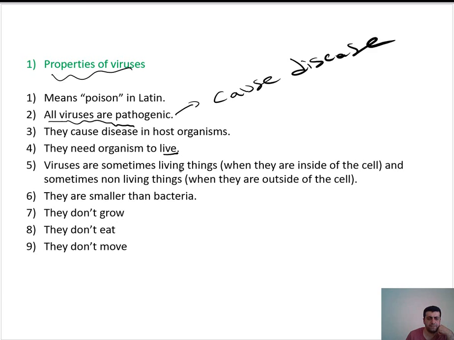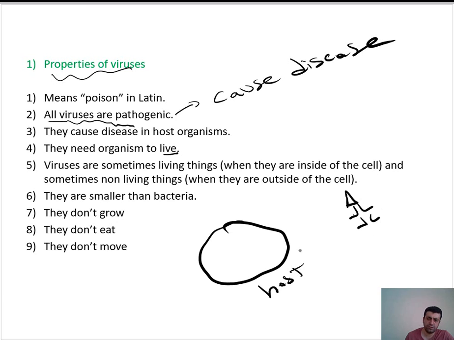Viruses are sometimes living things when they are inside the cell or host, and sometimes they are non-living things when they are outside of the cell. For example, let me draw again. This one, again, host. This one, virus.